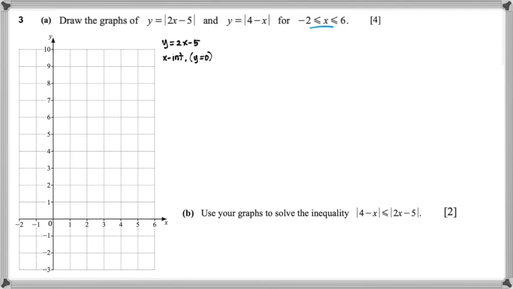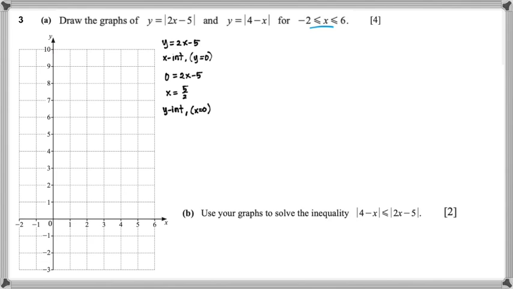So 0 is equal to 2x minus 5. Hence, x is equal to 5 over 2.